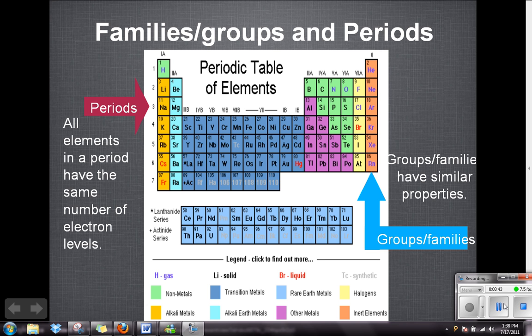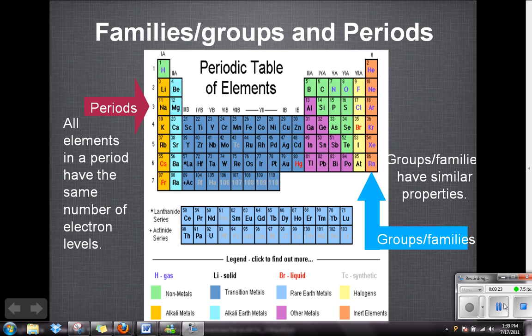If you go across period 2, you'll see that all of those elements have 2 electron levels, because there can be 2 electrons in the first level and up to 8 in that second level. So if you look across, lithium will have 2 levels, and if you go all the way across to neon, neon will also have 2 levels. So all elements in a period have the same number of electron levels.